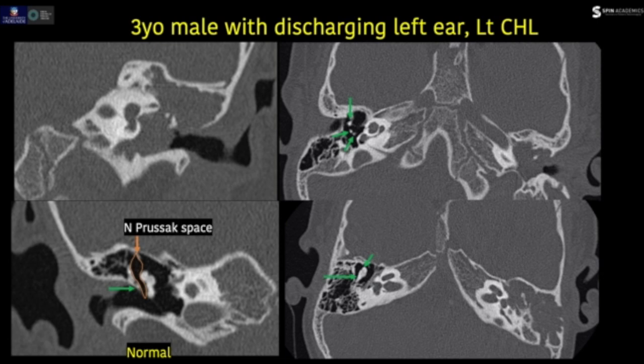This is a case of a pars flaccida cholesteatoma in a 3-year-old male with a discharging left ear and a left-sided conductive hearing loss.